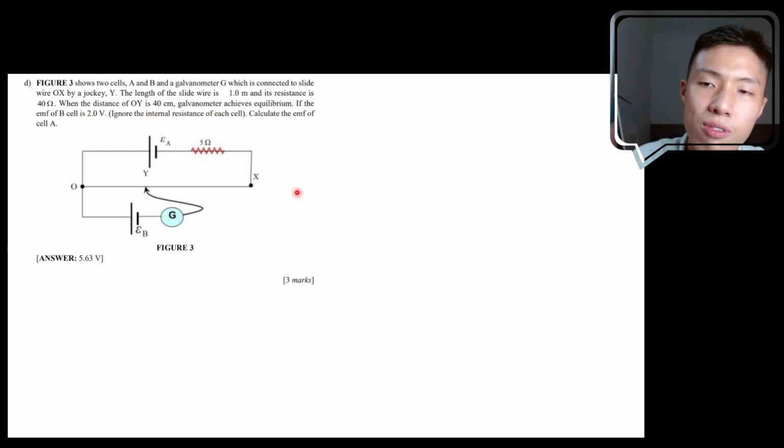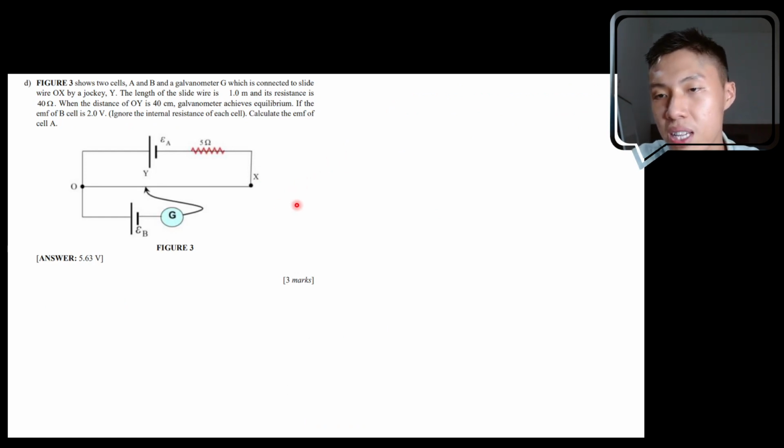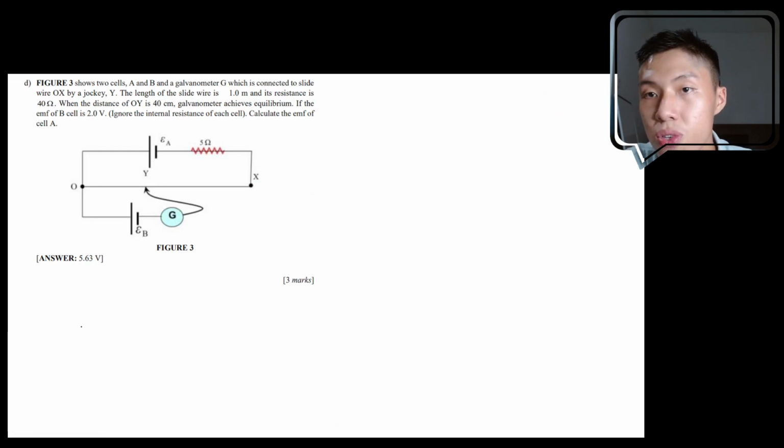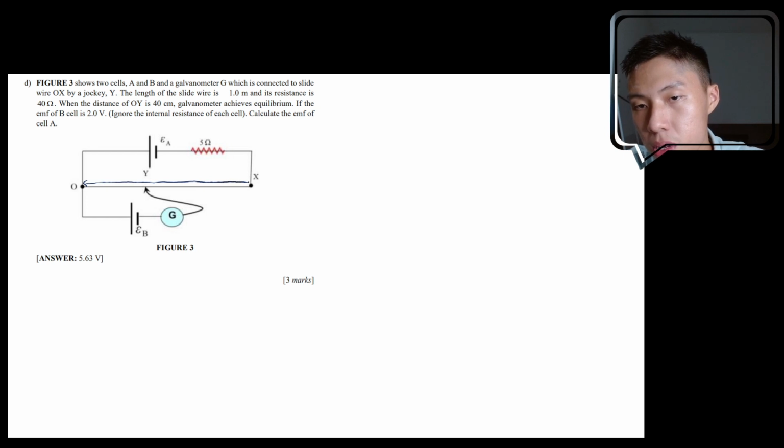There's a lot of information. Let's try to label everything that we know inside the diagram. It says that the length of this slide wire is 1 meter, so we can label that. This whole length of the slide wire is 1.0 meter, and the resistance of this slide wire is 40 ohm.